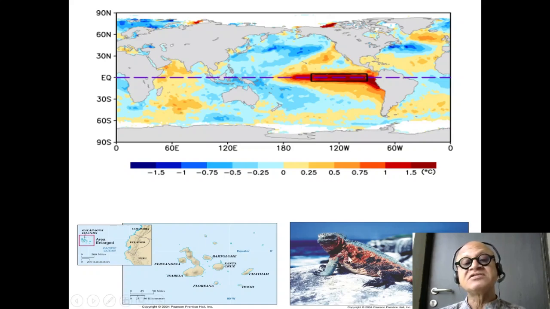And there are things like these iguanas which have evolved to actually account for El Nino. What do they do during an El Nino? Because the upwelling is reduced, primary production or photosynthesis is reduced, algae biomass is reduced, they shrink their body by almost 50% to survive the El Nino years when food production is greatly reduced.